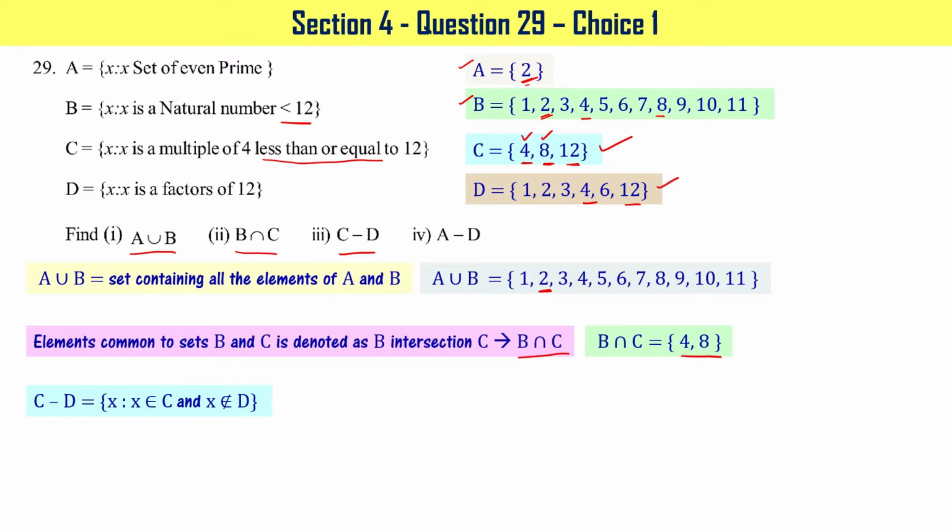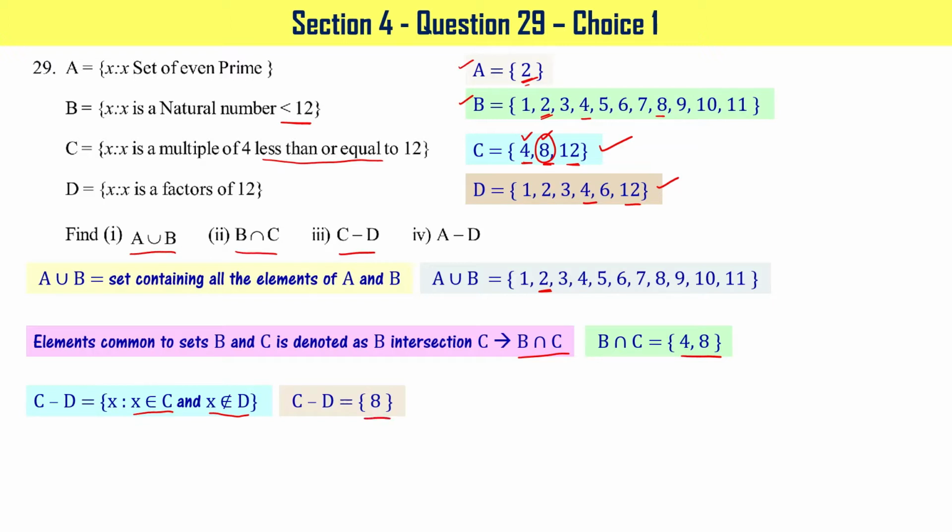The element X has to be there in set C but not there in set D. It means only 8 is there in set C but not there in set D. That's why we write C minus D as the set containing only one element, that is 8.